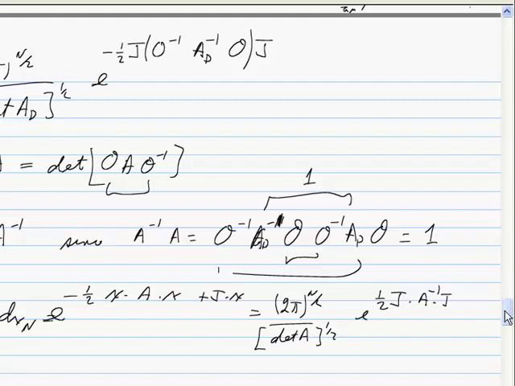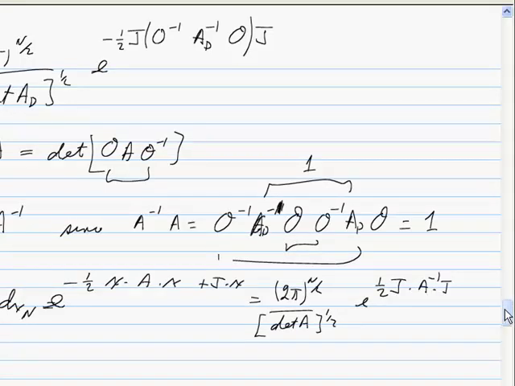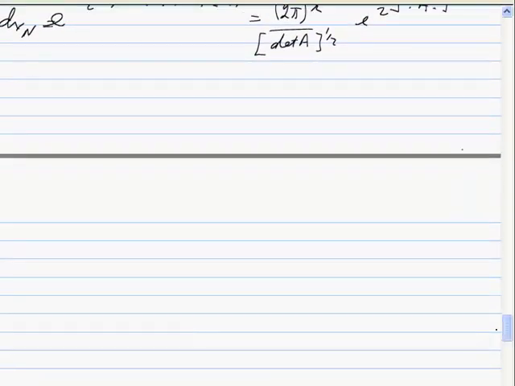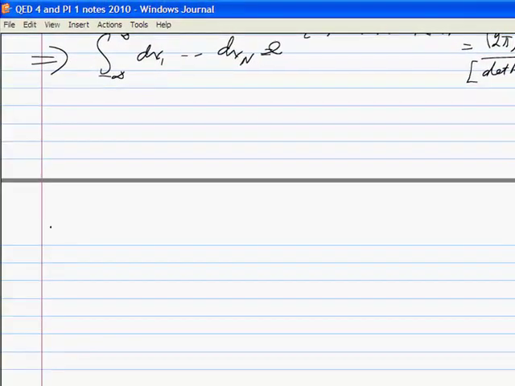Okay, and I guess I'd hope to get a little further. Let's do the final one. This is the big one, the one we use. Let's define Z of j as the integral dx1 up to dxn.